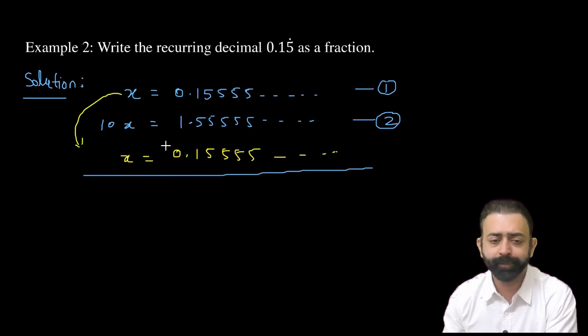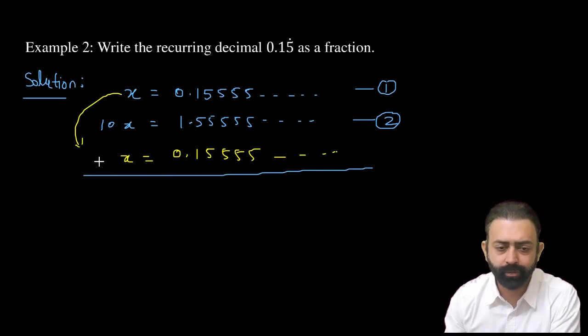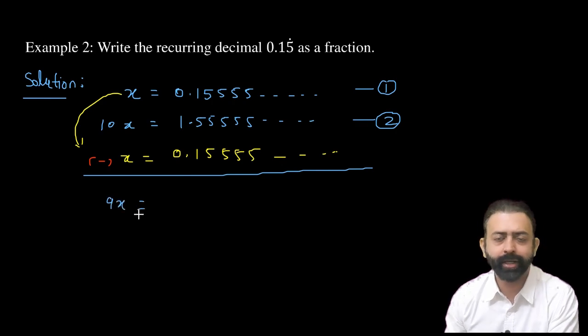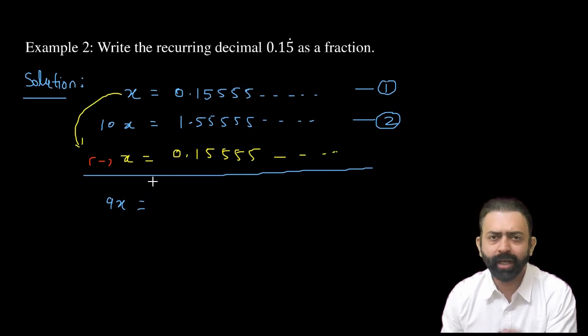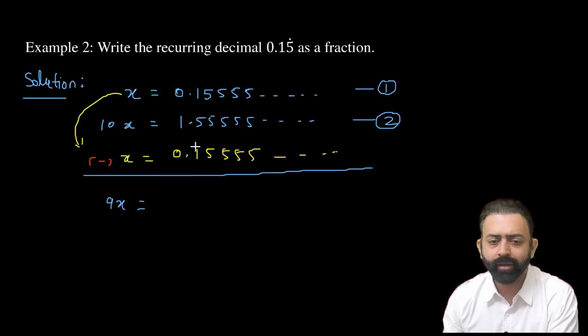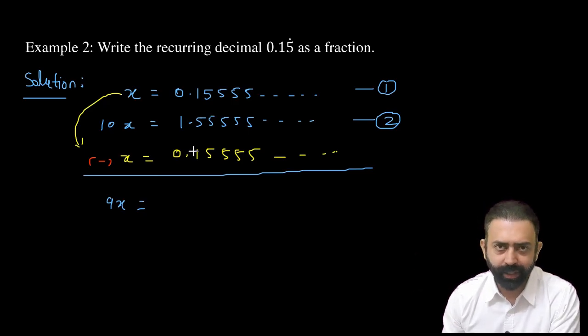Now third step is subtracting equation 1 from equation number 2. So you will get 9x on the left hand side. On the right hand side, this is a bit different from the last question, in that here one digit after the decimal point is not matched. The rest of the 5s are exactly matched to each other.